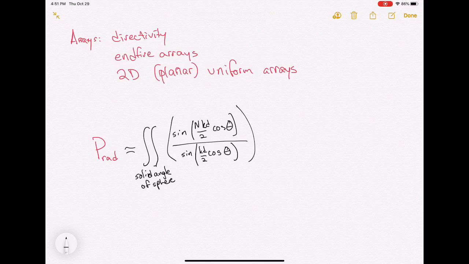That whole quantity squared, sine theta d theta d phi.